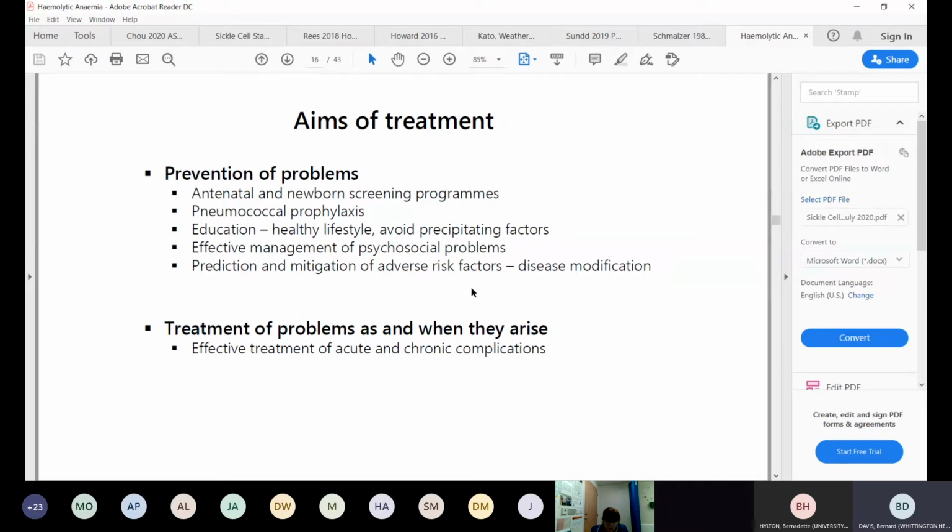Now, there'll be some patients with more severe disease who need some sort of intervention to modify the course of the disease, to ameliorate the severity of the disease. And again, we'll come to that in a moment. And then, of course, you have situations where, in spite of all the prevention strategy that you're adopting, patients still get problems, acute problems, chronic problems, which you need to treat.